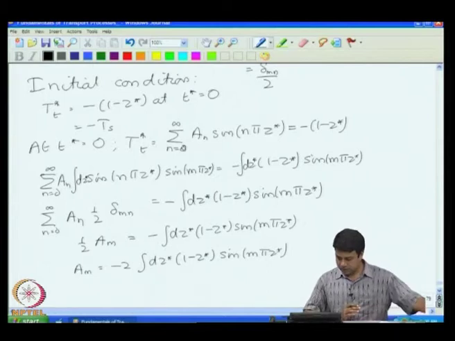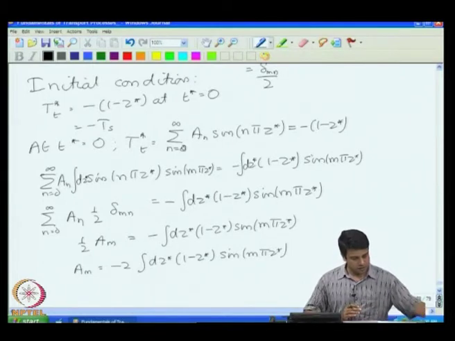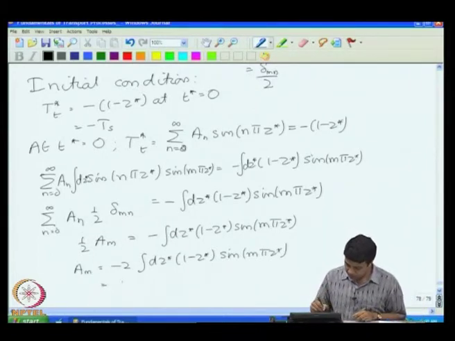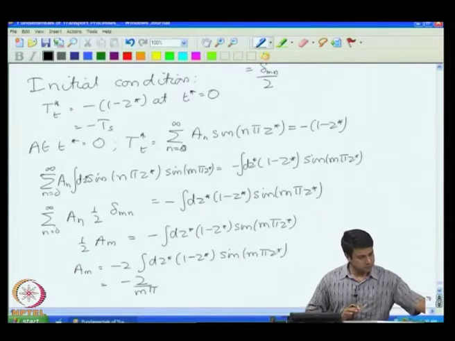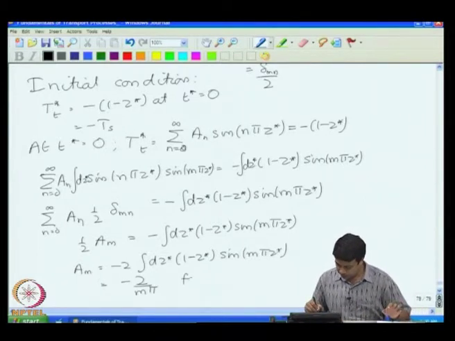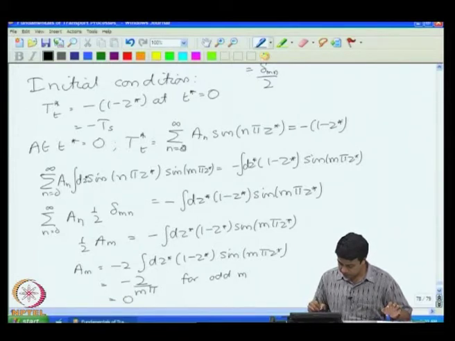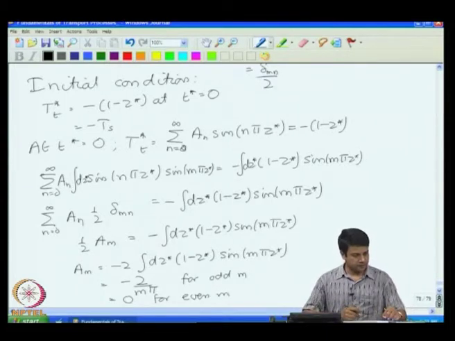And you can evaluate this constant, and this turns out to be equal to minus 2 by m pi for odd m, and it is equal to 0 for even m.